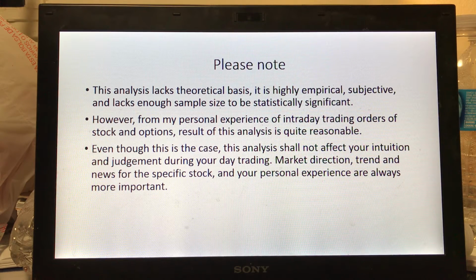When you perform day trading, the current market direction, the trend, and the news for a specific stock, and also your personal experience are always more important than using some empirical data and some other technical analysis skills. The market and the trend and your own intuition are always the best tool.